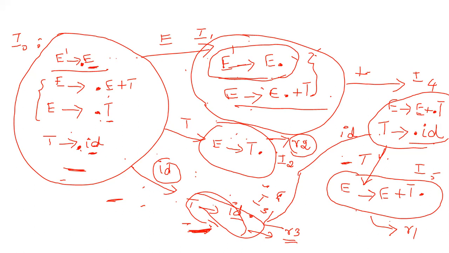So in I5, the first production got reduced. Now, where can I fill this? The production reduced here is E implies E plus T dot. Now, we need to find the follow of the E set, right? Let us see. See, follow of.